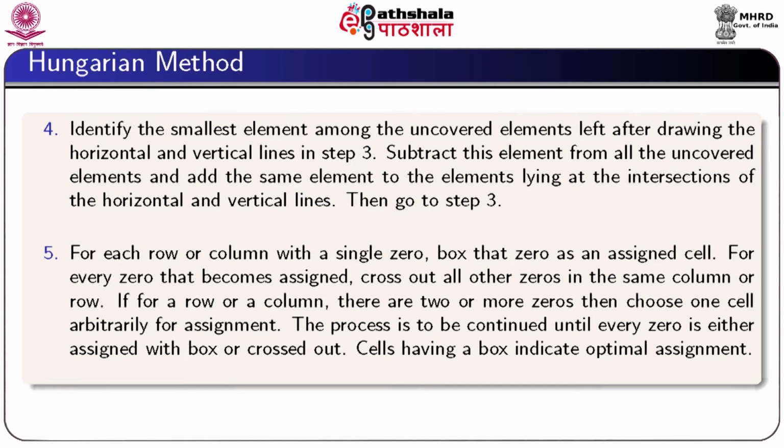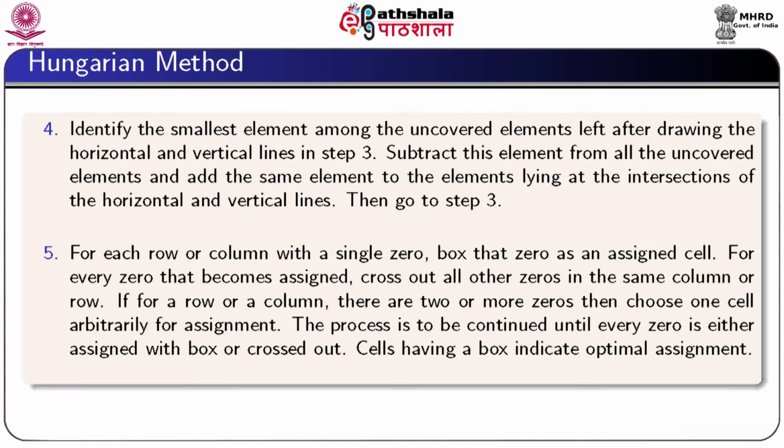In step 4, we identify the smallest element among the uncovered elements left after drawing the horizontal and vertical lines in step 3. We then subtract this element from all the uncovered elements and add the same element to the elements lying at the intersections of the horizontal and vertical lines.